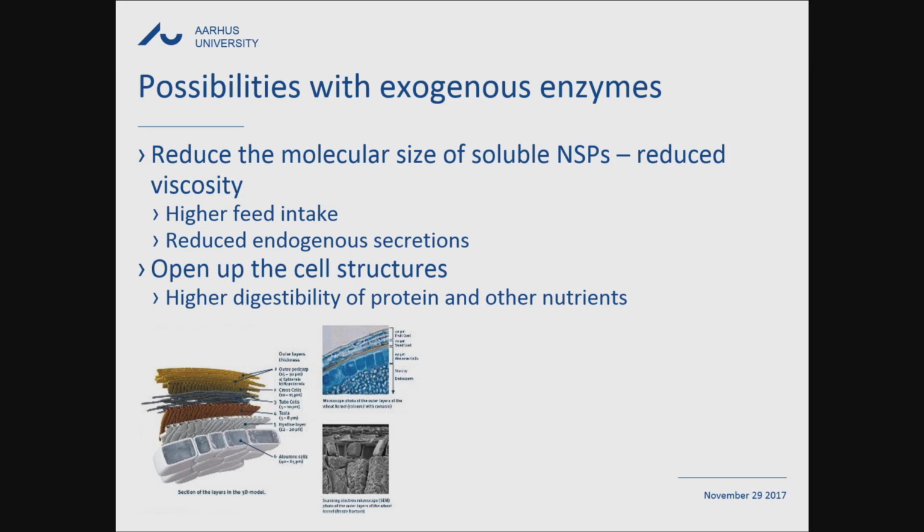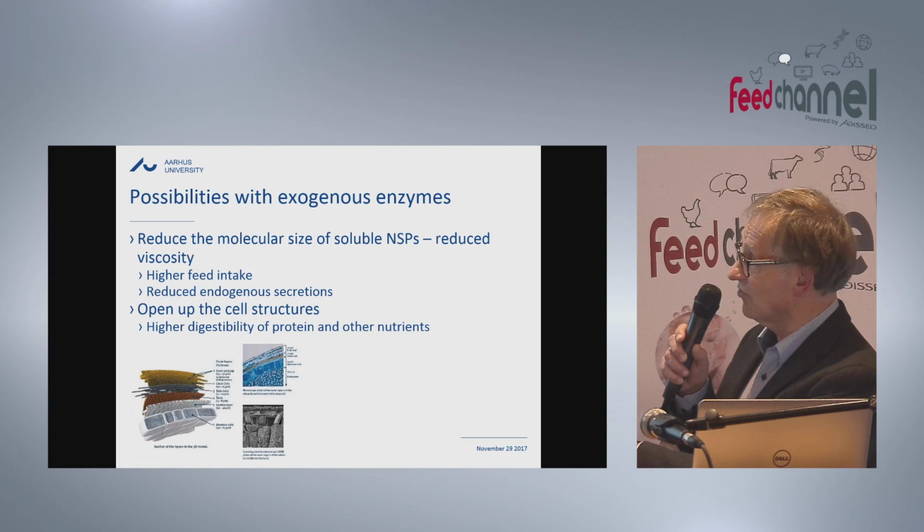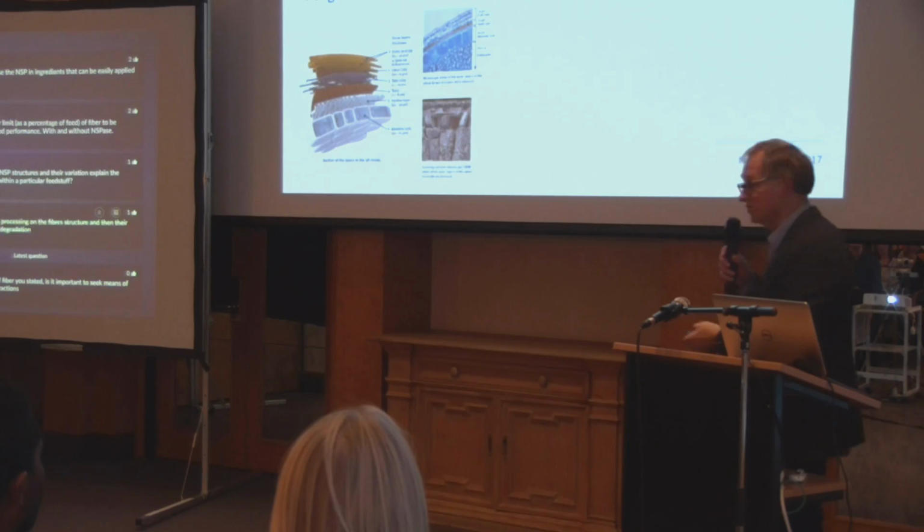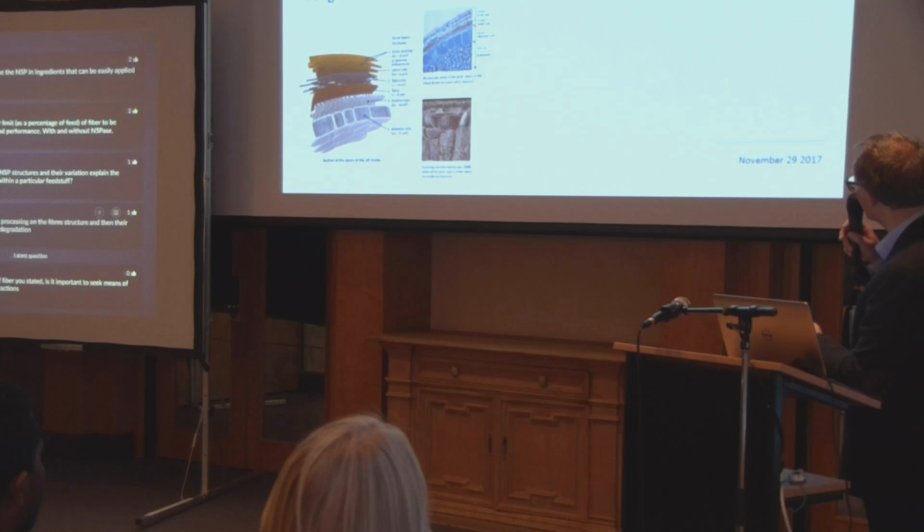Well, first of all, the possibilities with exogenous enzymes: we reduce the molecular size of the soluble NSPs. I mean, that has been known for years. It reduces the viscosity. It also gives rise to higher feed intake because you have a less viscous environment in the gastrointestinal tract.